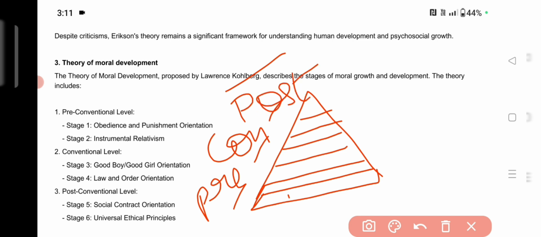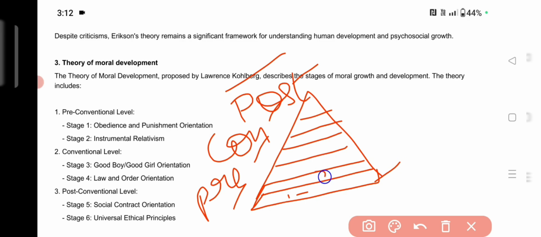So from stage 1, obedience and punishment orientation. Coming to stage 1 in the pre-conventional level, that means in this stage the students will avoid punishments and obey authority figures, and self-interest will be developed in stage 1.